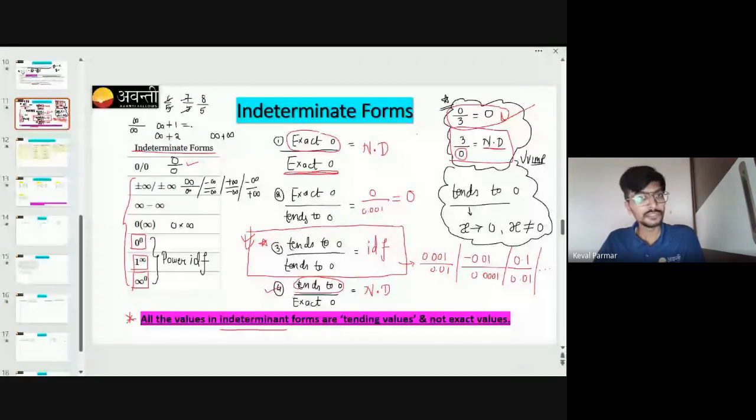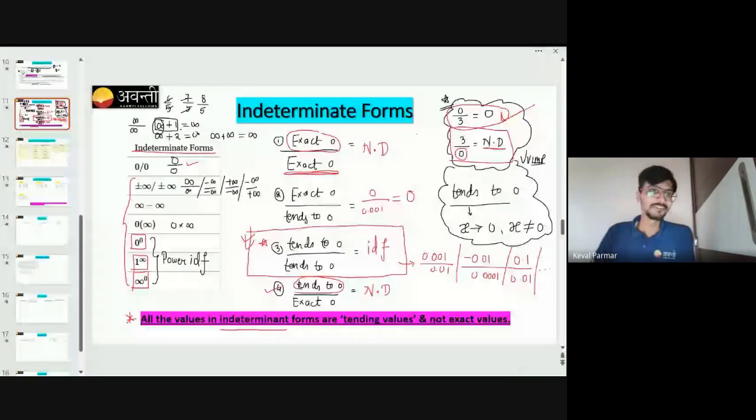Infinity plus 1 is also infinity. Infinity plus 2 is also infinity. Infinity plus infinity is also infinity. This brings me to a nice sentence which I heard somewhere, that some infinities are bigger than other infinities, meaning this infinity is bigger than this infinity because one is getting added.